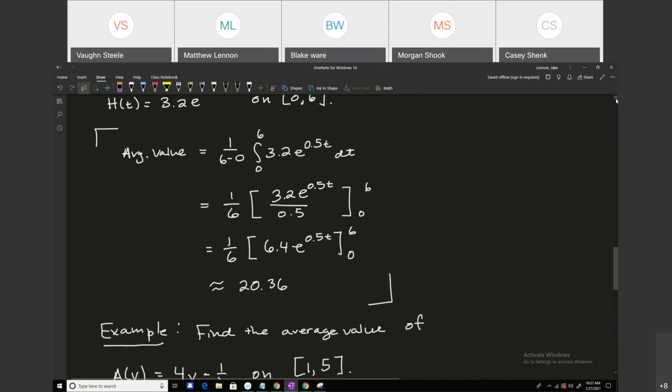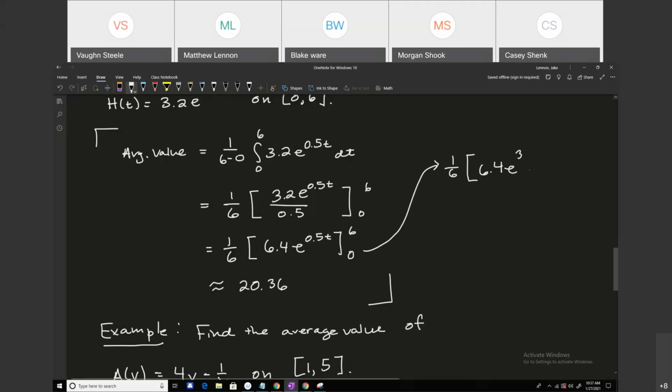I just had the number written down in my notes, but it's possible it's an error. So you may need to use parentheses in the exponent. I could see that as potentially being an issue. So let me just do both parts. So just to expand, this would be 1/6 times 6.4 e, and then if you plug in 6, 0.5 times 6 is 3, right?